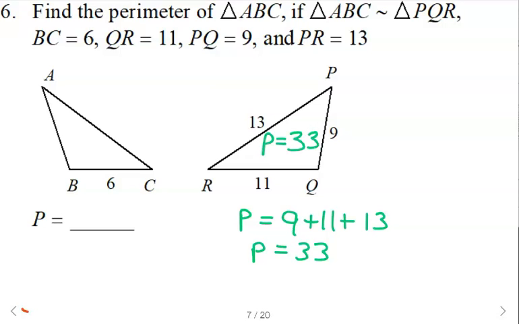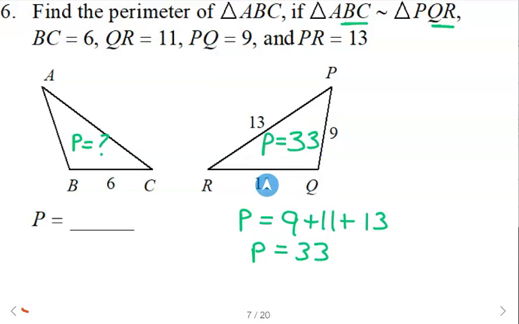I want to figure out the perimeter of this one. Now I know that this side is 11 and it corresponds to this one. I can double check up here in the similarity statement. So those do match up. So 11 is to 33.